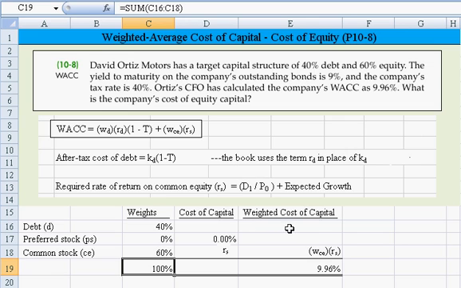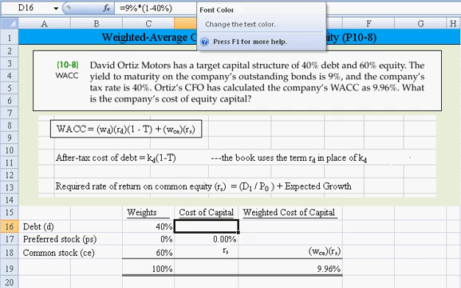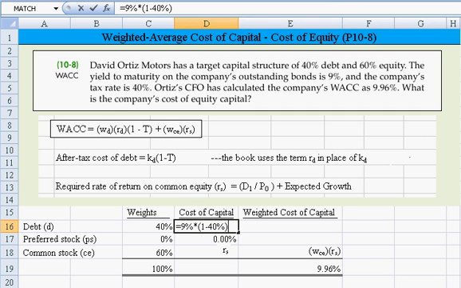And then we need to solve for a couple other items. I worked this ahead of time, but let me show you how we would do this. I'll hit the F2 key. You'd take the 9%. You can either look above my mouse here or up here on the formula bar. You take the 9% given as the yield to maturity on the company's outstanding bonds times 1 minus the tax rate of 40%. When you enter that, we get 5.4%.